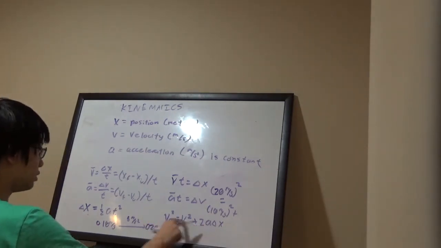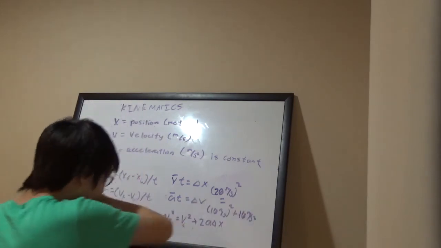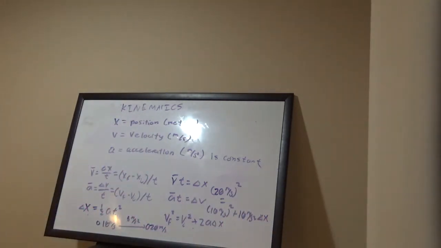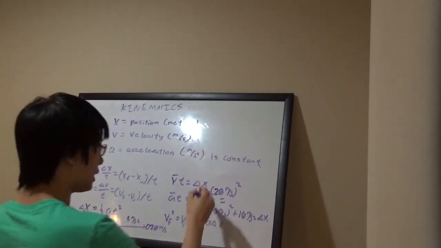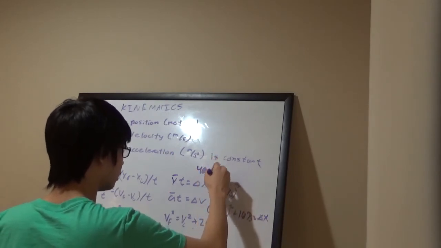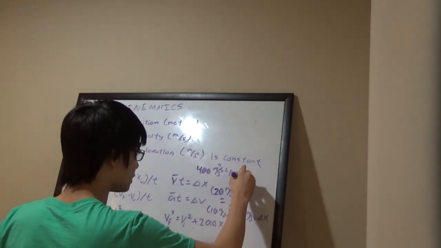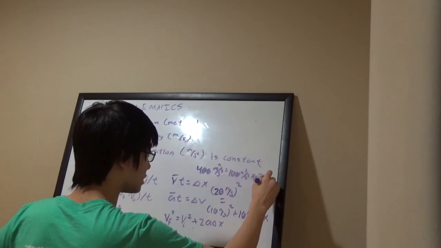We know 2 times a is 10 meters per second squared, and then we still have delta x, which is what we're trying to find, our displacement. Well, we can just solve, and what do we get? We get 400 meters squared over second squared is equal to 100 meters squared over second squared plus 10 meters per second squared delta x.